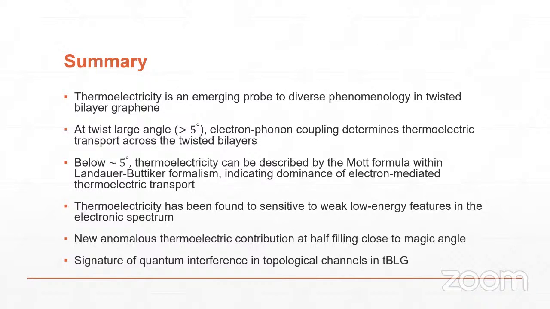In most cases, when the cross plane thermopower was done, the delta T was measured by looking at the resistance of the two graphene layers at the heating current.